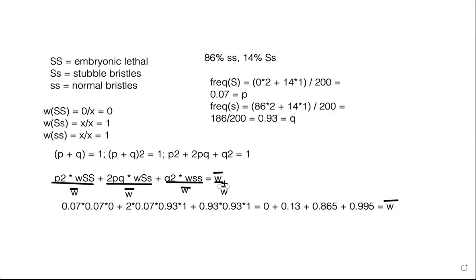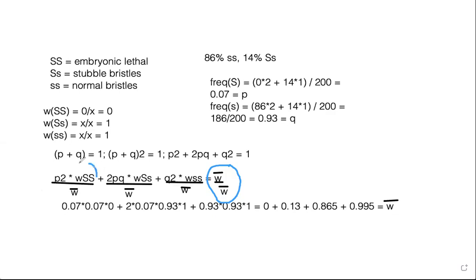So of course, W bar divided by W bar, this thing right here, that's going to be equal to 1, right? Anything over itself is equal to 1. But let's look at these other terms in here. See, here we have P squared times the fitness of the big S genotype divided by W bar.